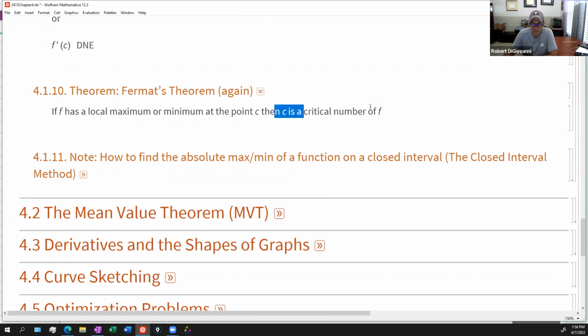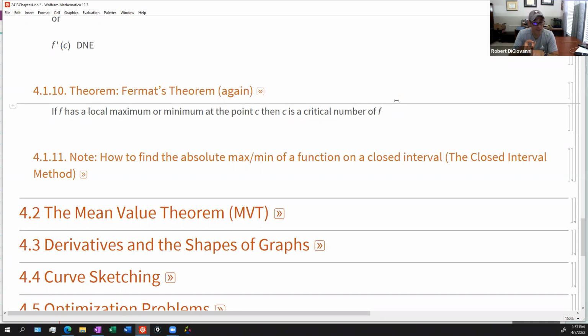Why is that not highlighting? If your function has a maximum or minimum at a point, if it does, then I promise you that point had to be a critical number. If my function has a local max or min at some point, then the point that it has the max and min at has to be a critical number, which means it has to be somewhere where the derivative is 0 or doesn't exist.